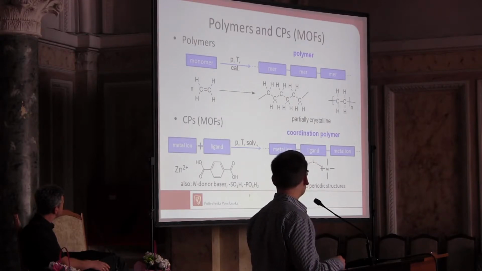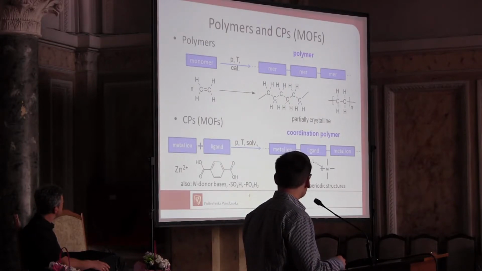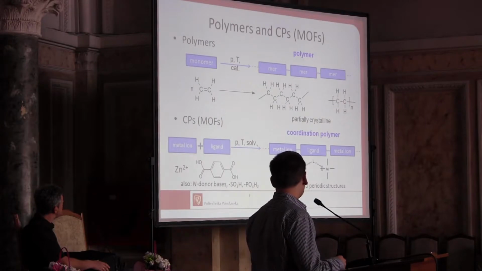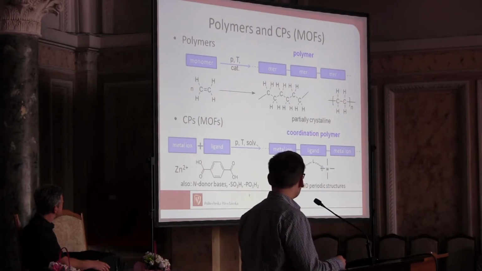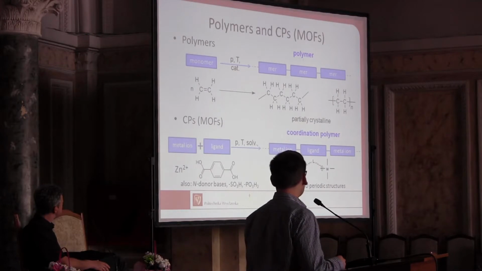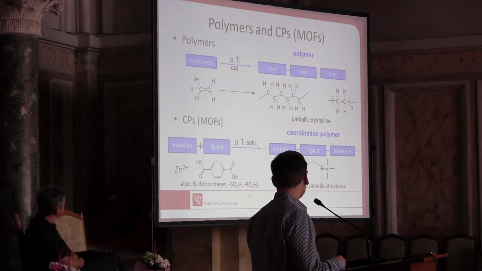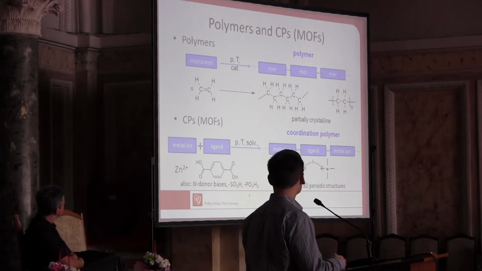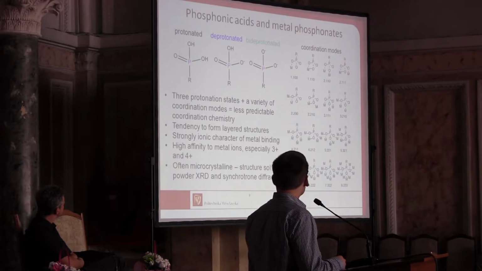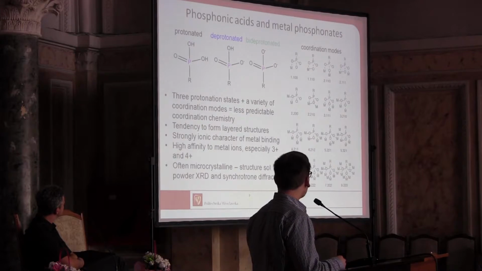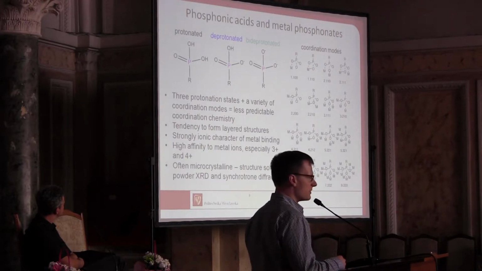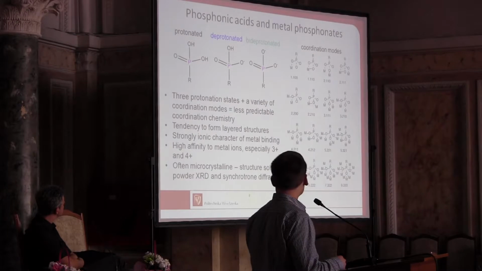For the construction of coordination polymers, carboxylic acids are usually used, and N-donor bases are also used quite commonly, but there are research groups that use sulfonic and phosphonic binding groups for that purpose. Phosphonic acids are derivatives of phosphoric acid, in which one oxygen is replaced with carbon, of either an aliphatic or an aromatic part.